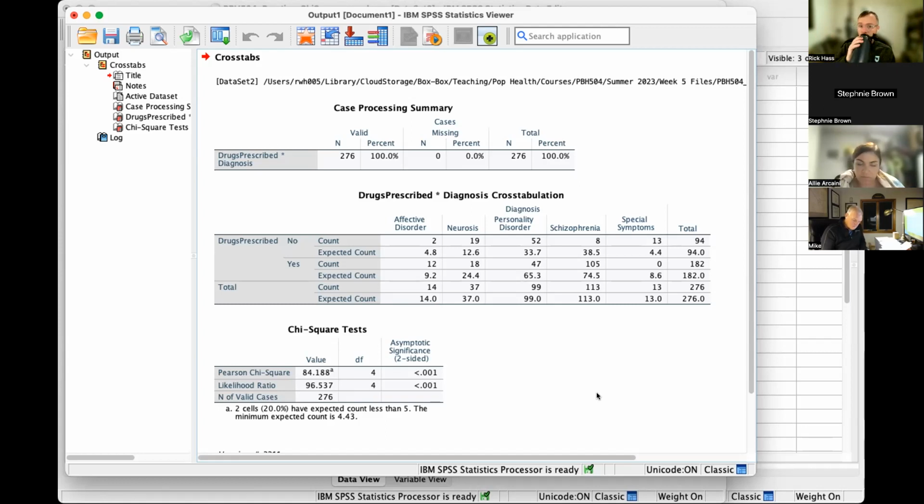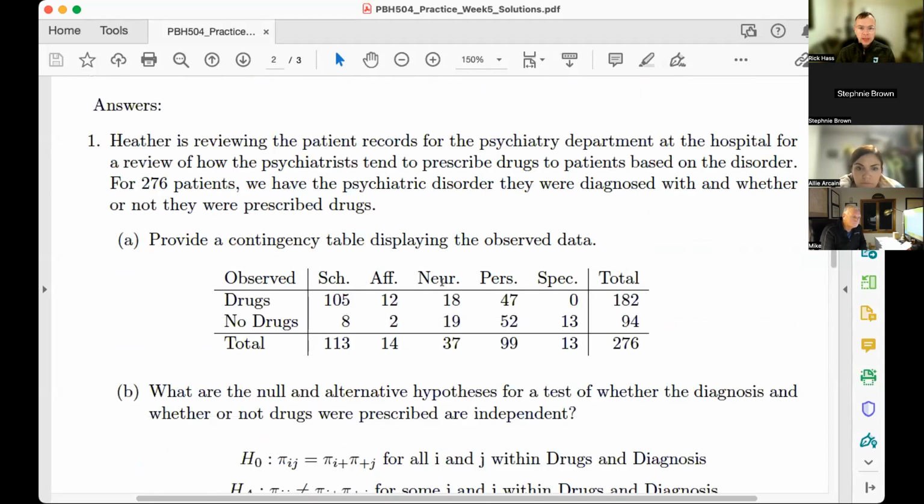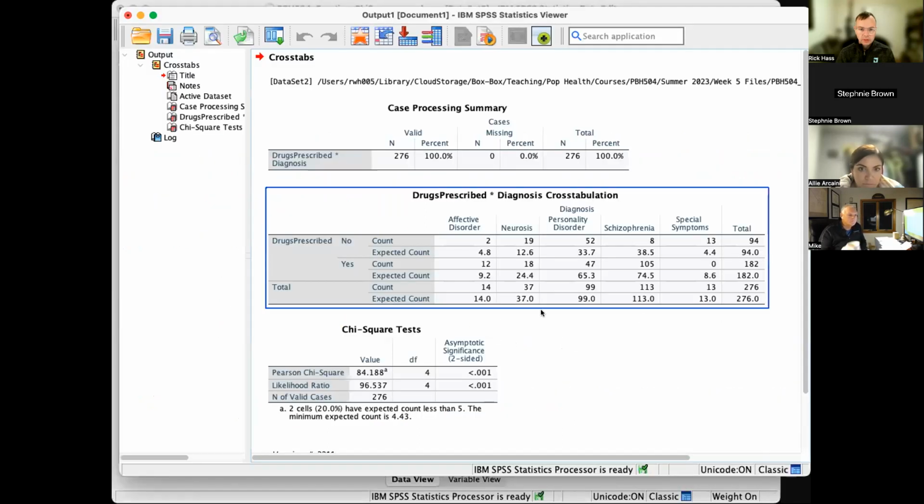So for this, can I just say there is sufficient evidence to reject the null hypothesis? Yep. So let's take a look at how we might write this up. We'll also revisit some of the things that we see on the practice problem. So we got our contingency table. It's a little cluttered. Let me show you what it looks like without the clutter.